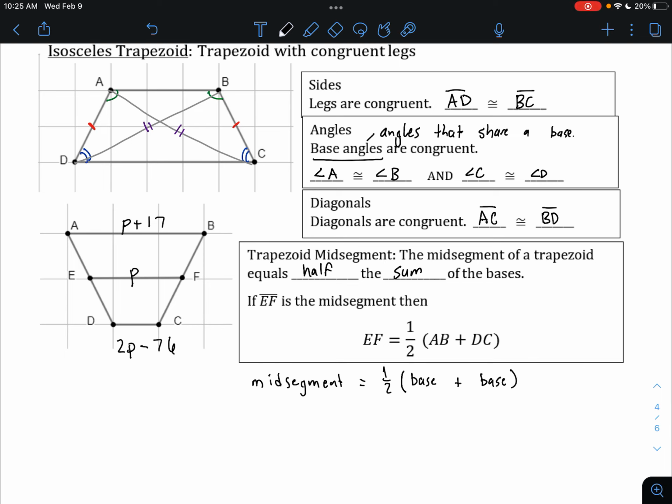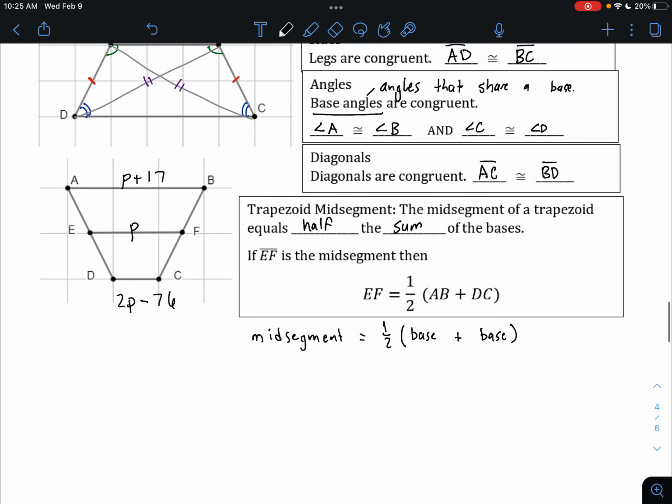We're going to add those together, set them equal to the midsegment after you cut them in half. So what we're going to do, we're going to look at our diagram here, and we're going to say which one is the midsegment. The midsegment's always the halfway point. It's the one in the middle. So our midsegment is P, in this case, which is equal to half of the base plus the other base.